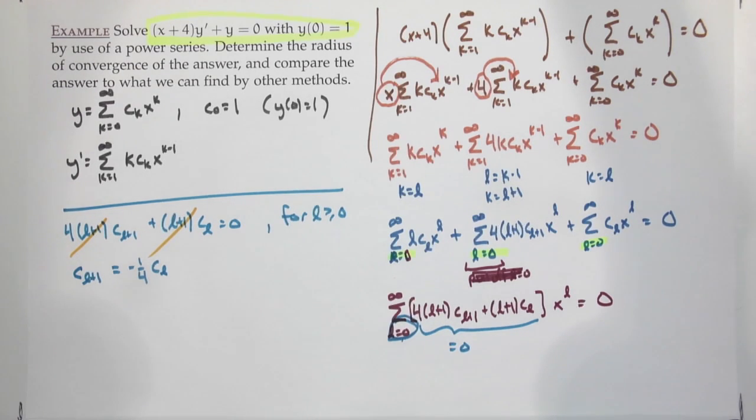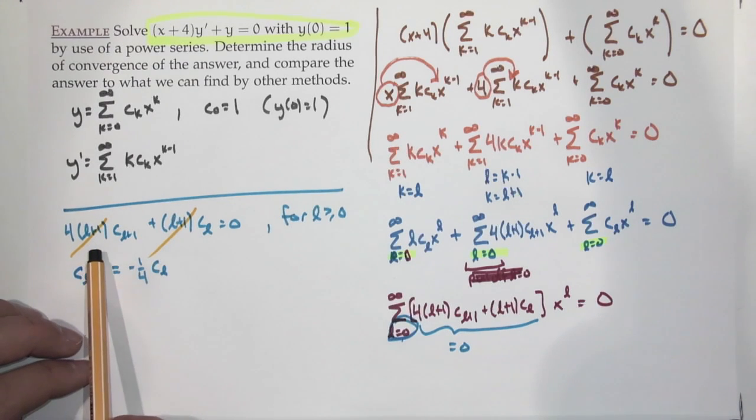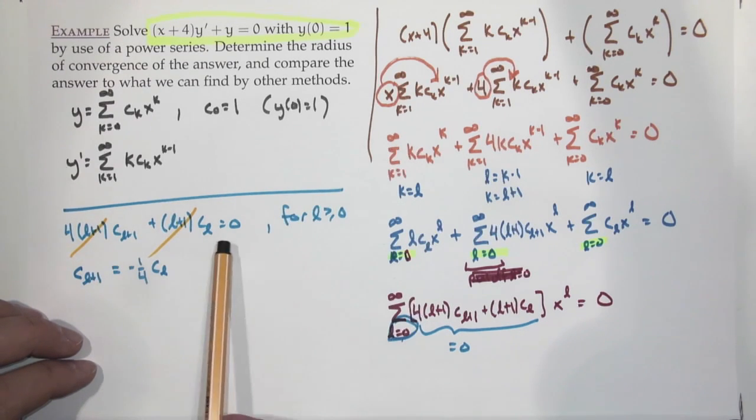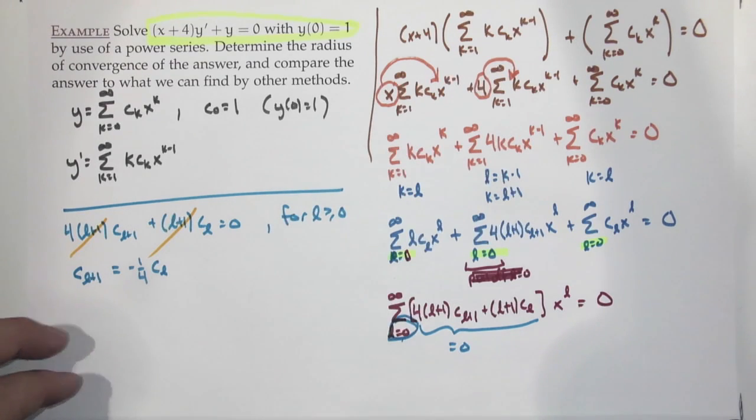Steve, could you have divided by 0? Well, when would L plus 1 equal 0? Minus 1. Do we need to worry about L equals minus 1? No, because we only care about L bigger than or equal to 0. There's a story I can say. I'll probably save it for another day.